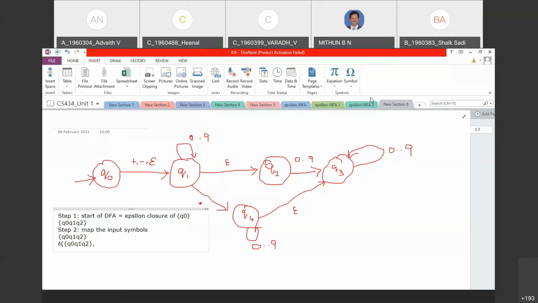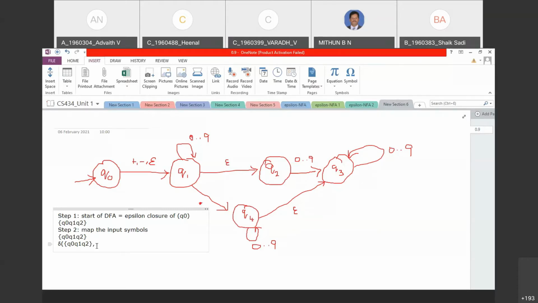Earlier we used to have either A, B or 0, 1. Here input symbols are changed. You have input symbols like plus, minus, 0 to 9, dot. This is dot. So you have 4 symbols now. You should write a transition for all these.